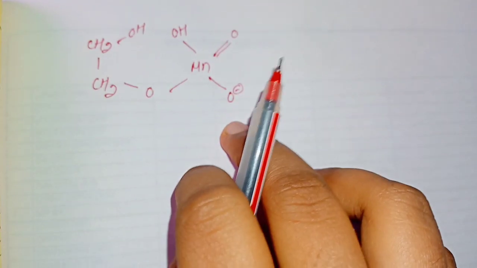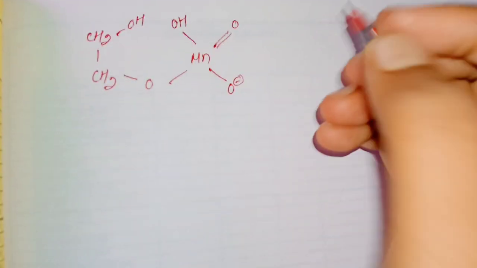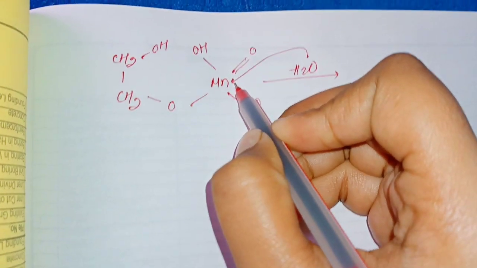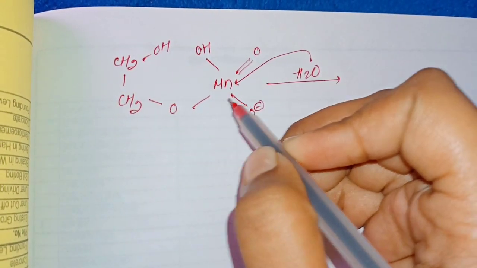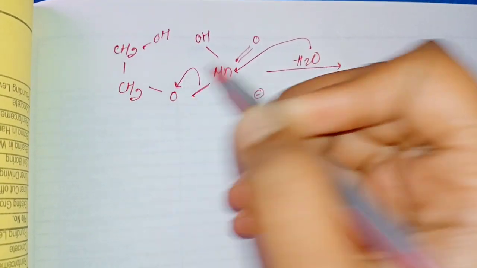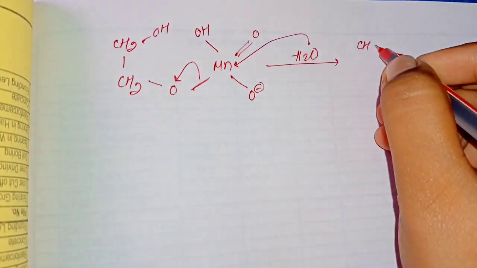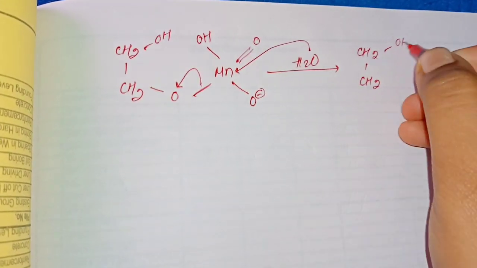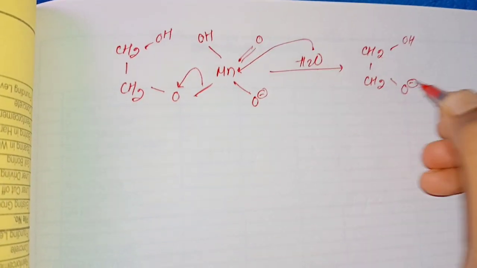This is what we have seen on the previous page, and again hydrolysis will take place and the water will attack the manganese again. As it attacks, this bond will break down and come to the oxygen. So here it becomes CH2 bond CH2 bond OH bond O negative.